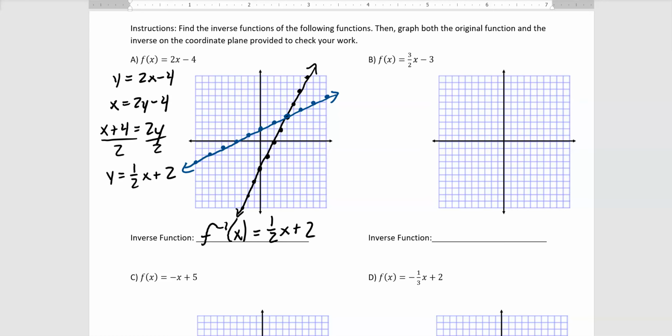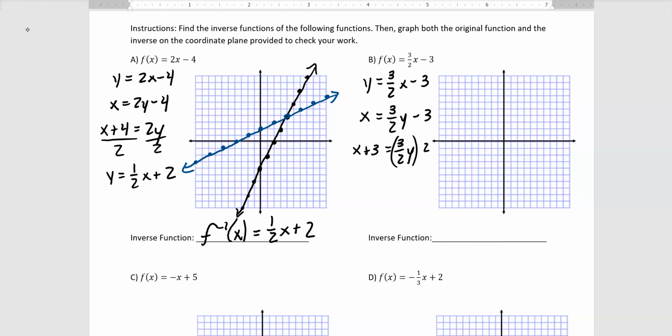All right, let's look at letter B. F of x equals 3/2 x minus 3. So let's start by switching f of x with y. 3/2 x minus 3. I'll have to switch x and y next. So we will say x equals 3/2 y minus 3. Now our goal is to get y all by itself. Add 3, so x plus 3 equals 3/2 y.